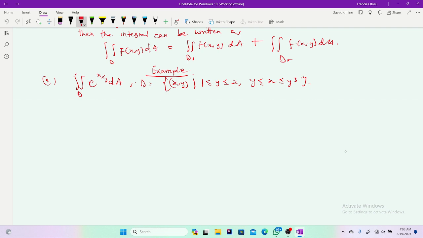Looking at this question, we have a function e to the power x over y. This is an integrable function taking two inputs, x and y. The limits are 1 ≤ y ≤ 2 and y ≤ x ≤ y cubed. These are the intervals over which we are going to integrate.